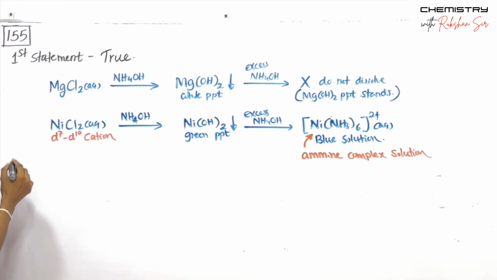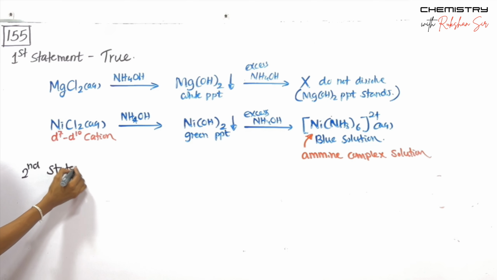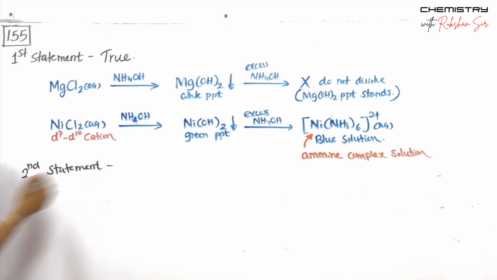Let's move to the second statement. Nickel 2 plus ions form a soluble amine complex with excess ammonium hydroxide, but magnesium 2 plus does not form a soluble complex. That is the idea.